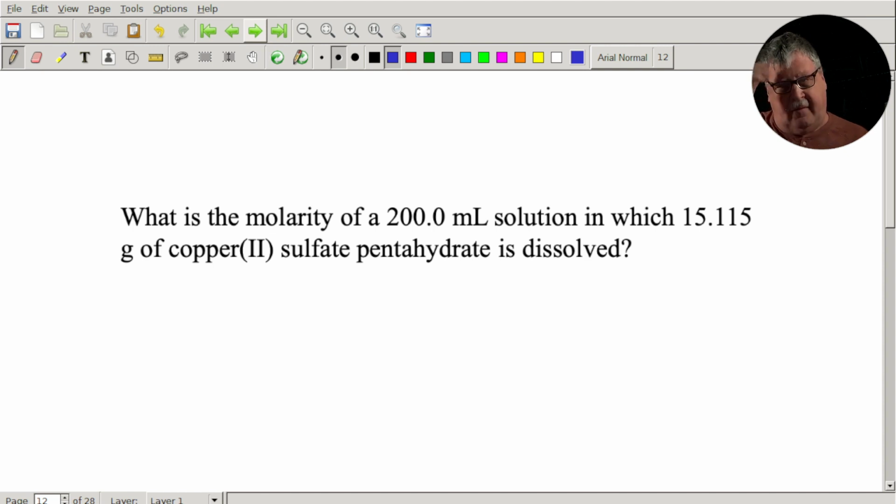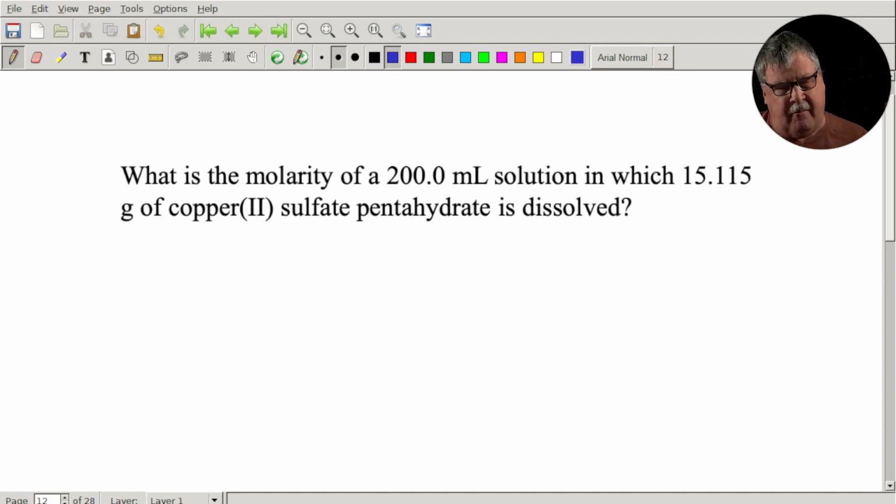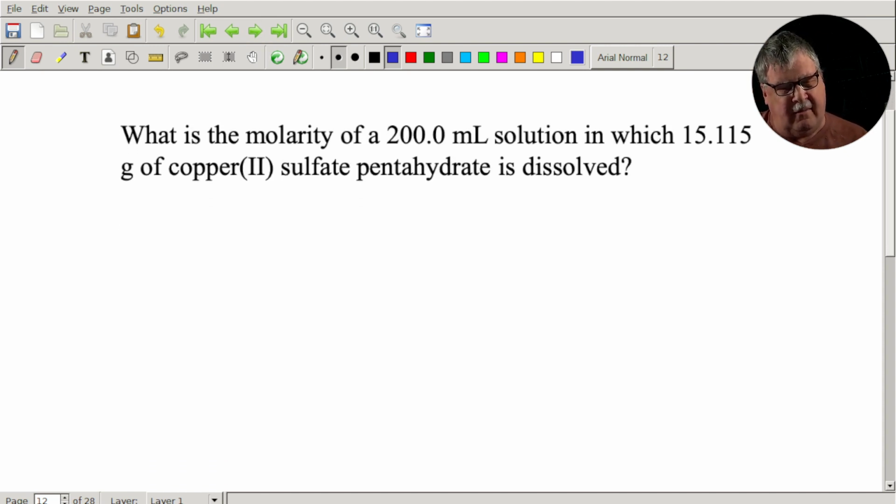So let's do some review of Chem 1. I mean, really, that's review as well. But this is far more important. If I take 15.115 grams of copper 2 sulfate pentahydrate.